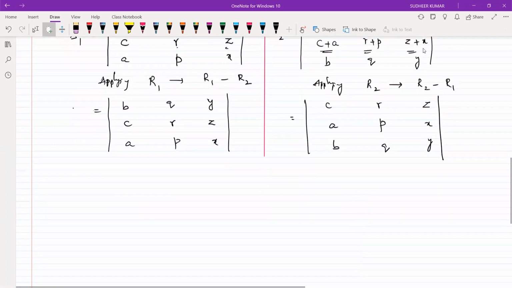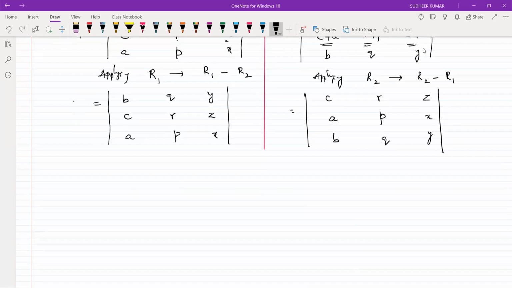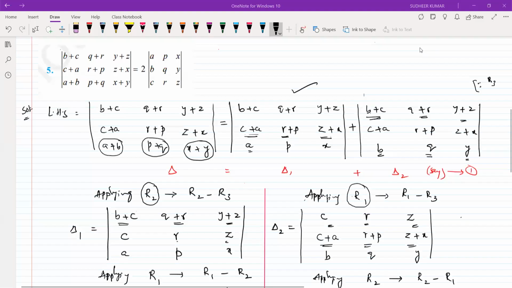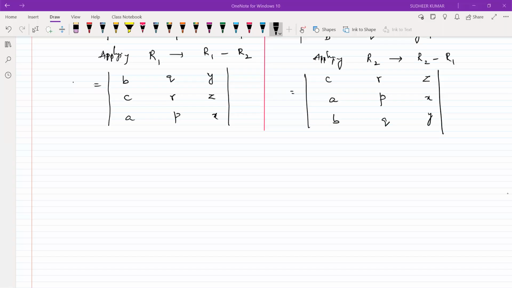Isn't it? So we need to get the answer, 2 times of what is given, ma? It is given 2 times of determinant ABC, PQR, XYZ. So we should make it in this order, ma. ABC, PQR, and XYZ. Right? Yes, ma. What to do?